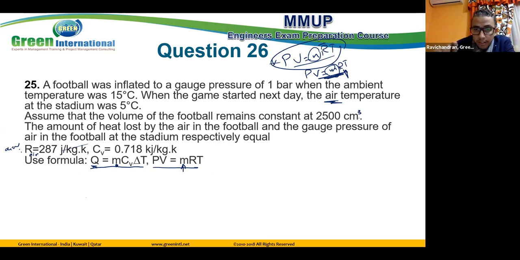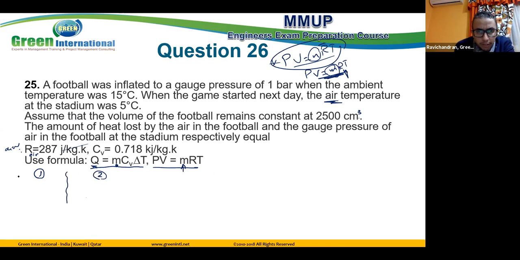I put many tricks in this problem. First, I give you two states. Let's see these two states, state 1 and state 2.